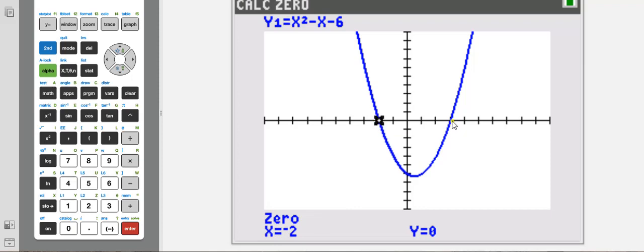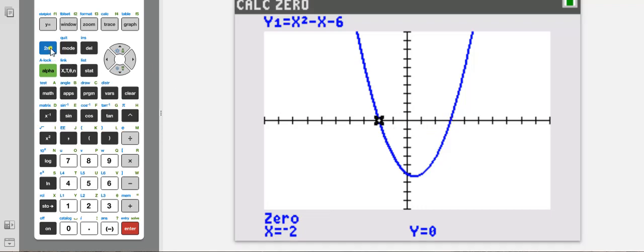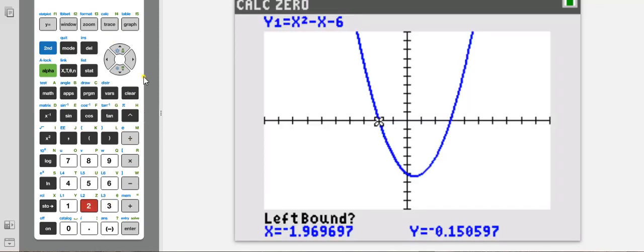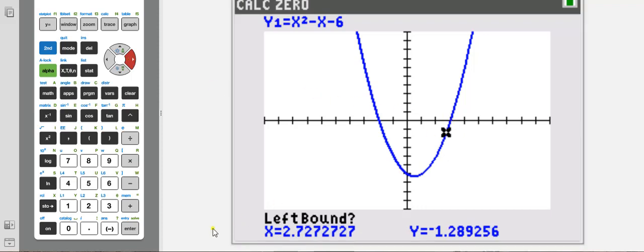Now, how would you find the x-intercept for the right side? Well, you repeat the process. Second, trace for calc. Press number 2. It's asking for left bound, so let's move the cursor somewhere near the left side of the x-intercept.